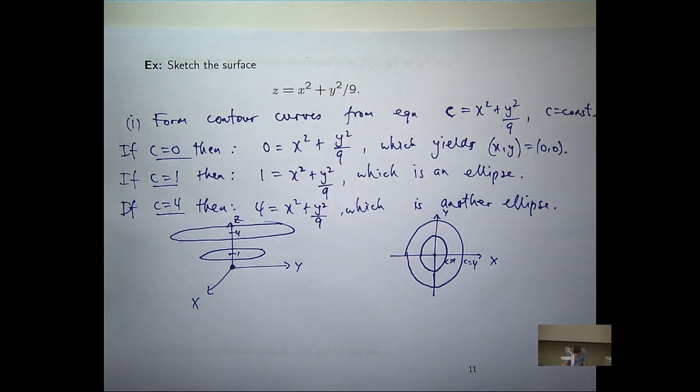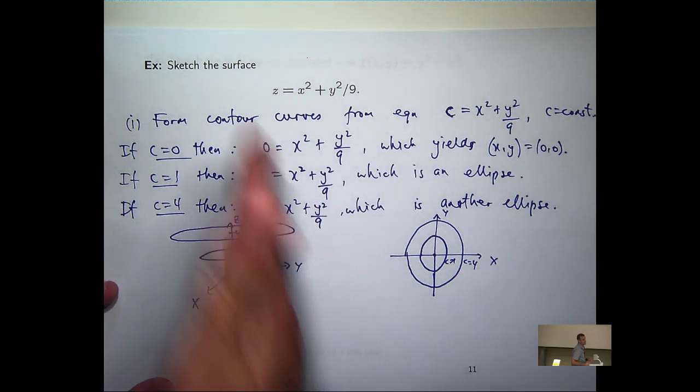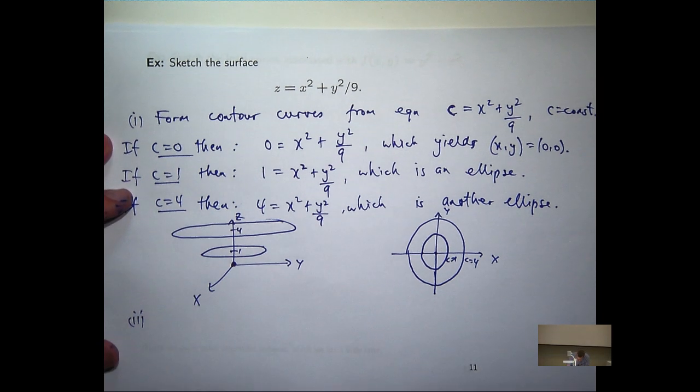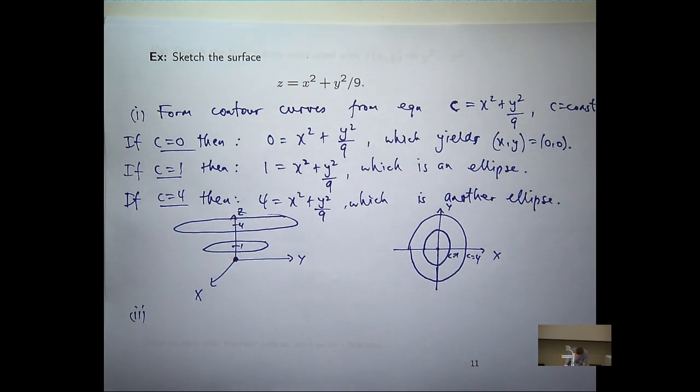Okay, so how do we put it all together? Well, there's one more thing that we'd like to do. Can anyone remember what's left to do? Yes. Let's do some intersections with, instead of horizontal planes, with vertical planes. So this is the second and last thing. You don't have to do this every time, but it's a good idea.